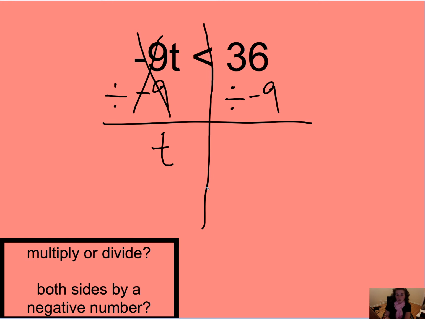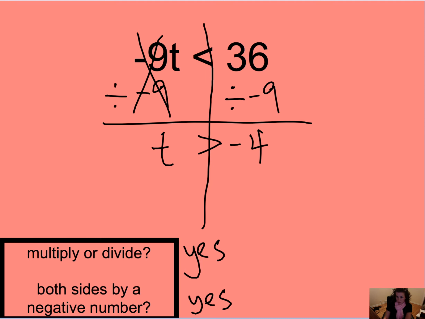Did we multiply or divide? Yes, we divided. Did we multiply or divide both sides by a negative number? Yes, we divided by negative 9 on both sides. Since both of these answers are yes, we reverse the symbol. It was less than, it is now greater than, and 36 divided by negative 9 is negative 4.